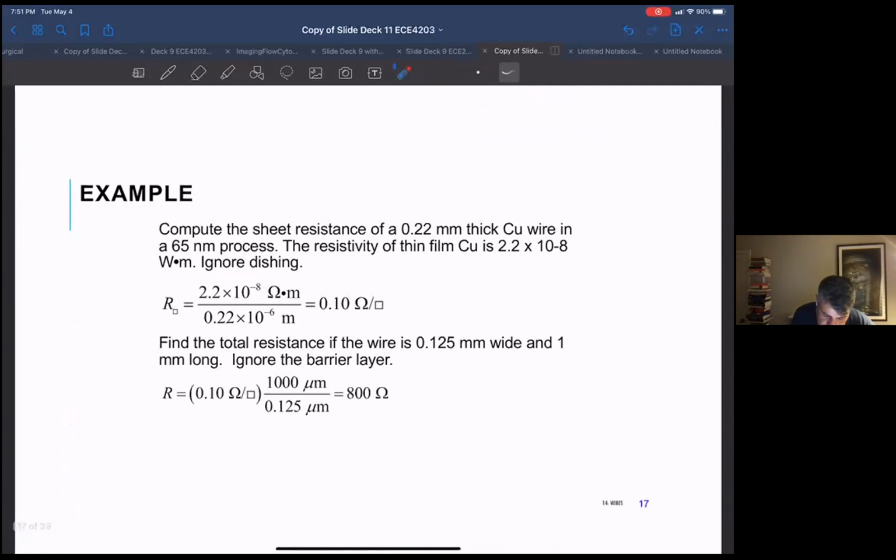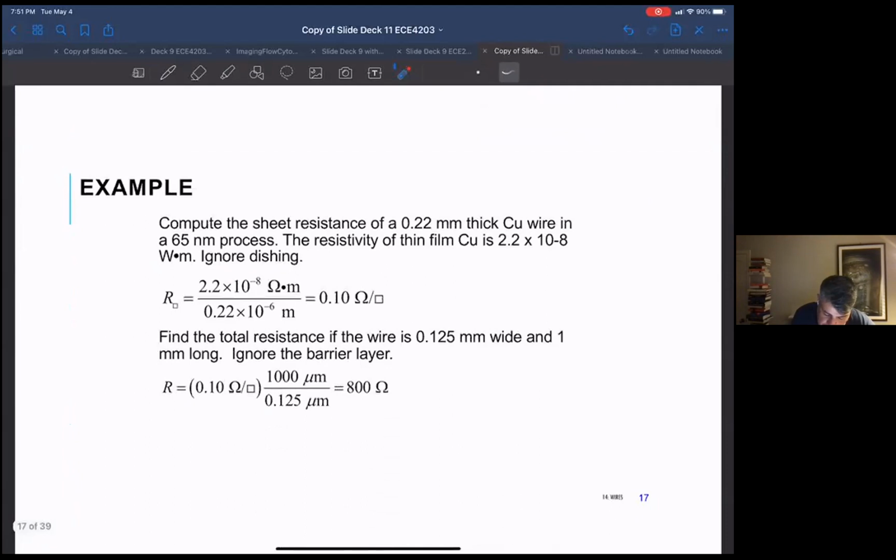This example is pretty simple, but I wanted to use it. If you have something that is x wide and x long, all you have to do is multiply it by the resistivity of whatever metal line this happens to be.